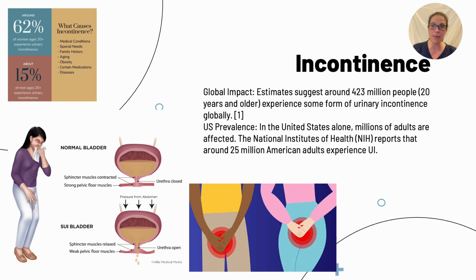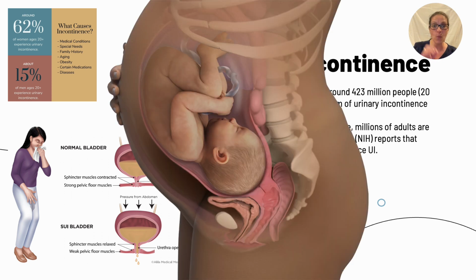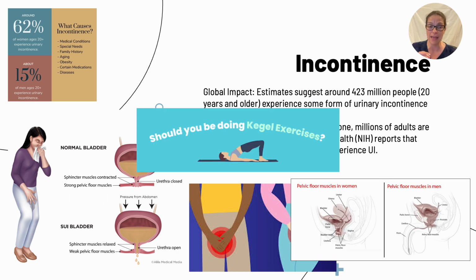So if you've been pregnant, you can see with this that the baby's head and weight is pushing down on that bladder, and that actually causes a weakness in the pelvic floor, the muscles that are going to keep the bladder closed, so that if you run, sneeze, jump, cough, you might have a little dribble of urine that comes out. A way to prevent this from happening is by doing Kegel exercises.